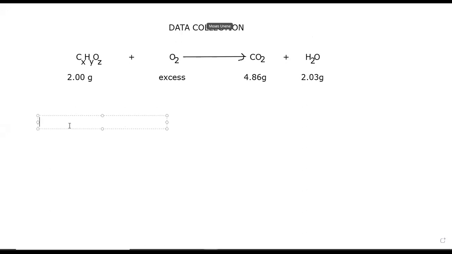As we explained in the previous class, we're going to need a balanced chemical equation, convert the known mass of reactant or product to moles of the substance, and then use the balanced equation and so on and so forth.